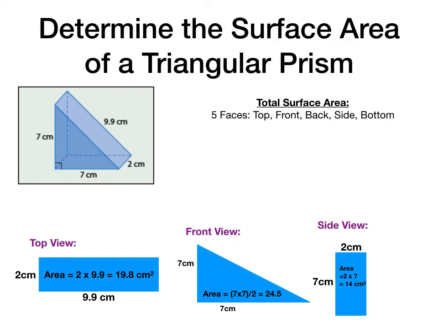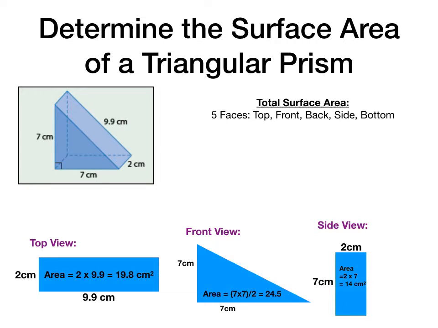When we determine our total surface area, we need to account for the fact that we have 5 faces. We have a top face, a front face, and a back face, which is the exact same shape and has the same dimensions as the front face. And then we have a side face and a bottom face, which has the exact same dimensions as the side face.